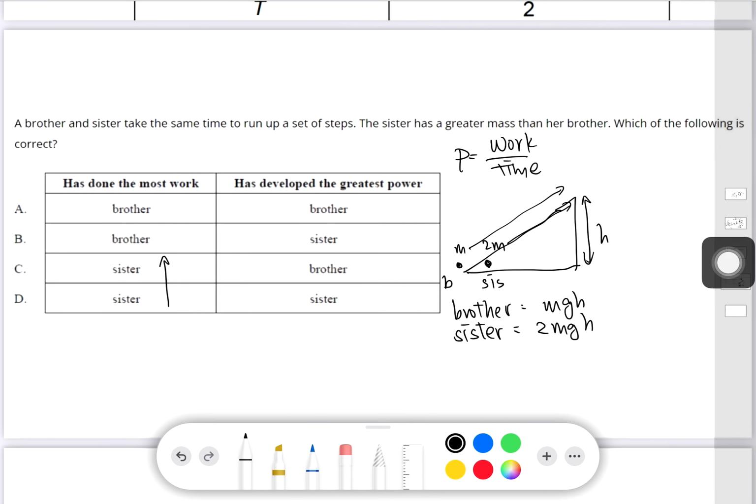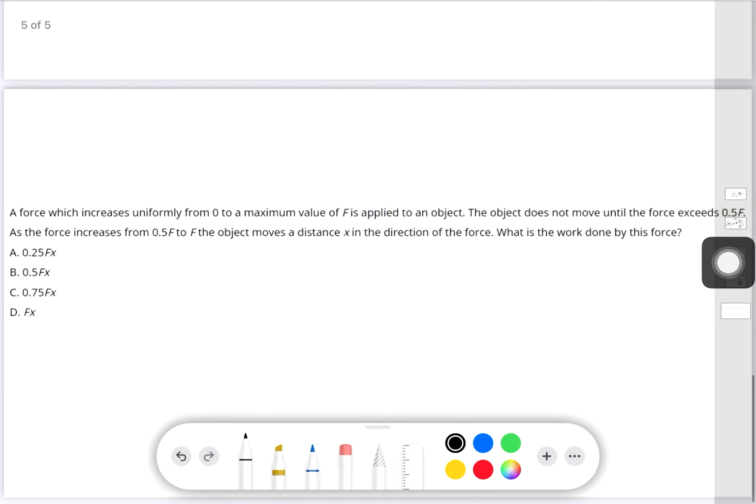So it's either C or D. Now, because power is work over time, and we know that they took the same time to move up the flight of stairs, the time is the same. So the sister develops more power, leading to an answer of D.